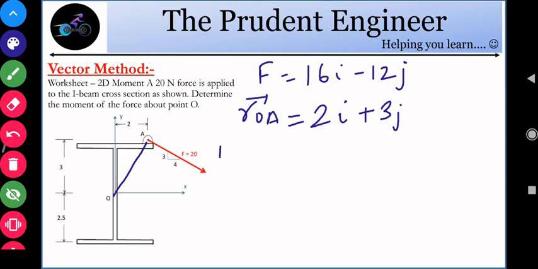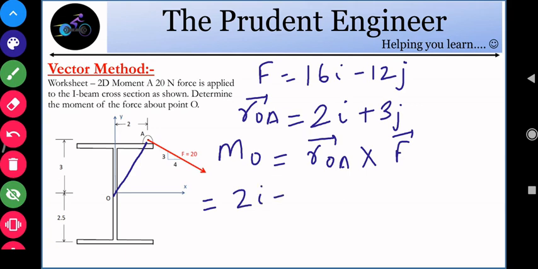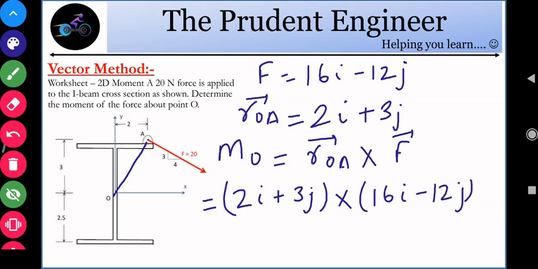Now the moment because of this force can be written as the position vector ROA crossed with the force vector, that means 2i plus 3j crossed with 16i minus 12j.